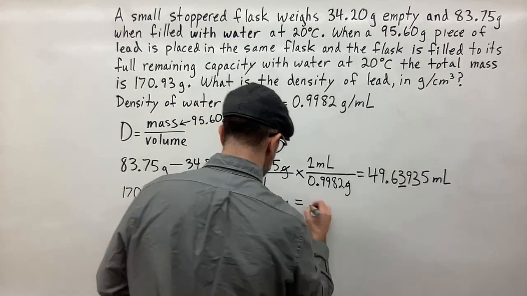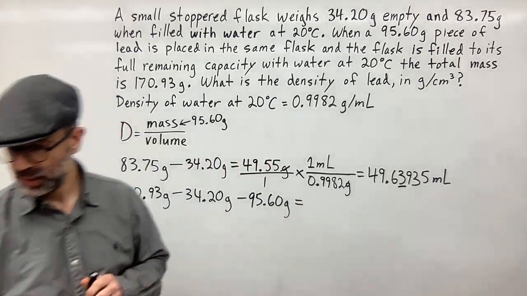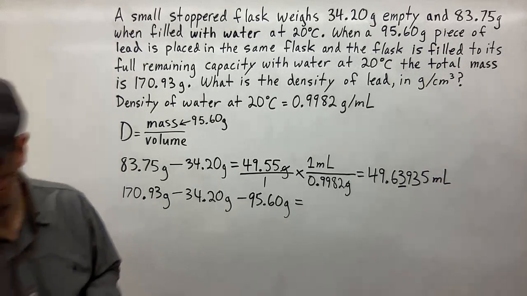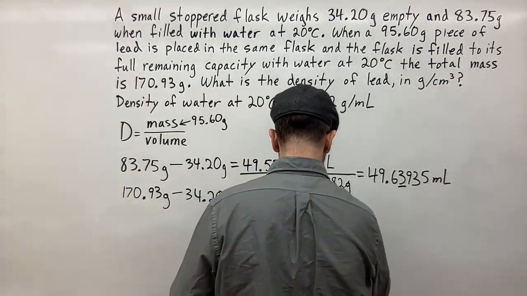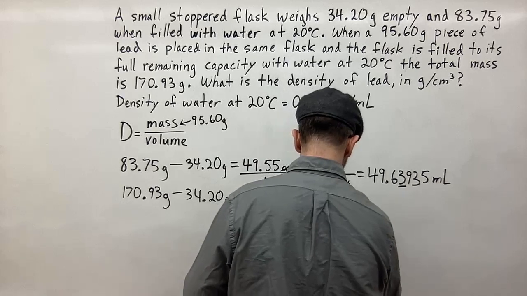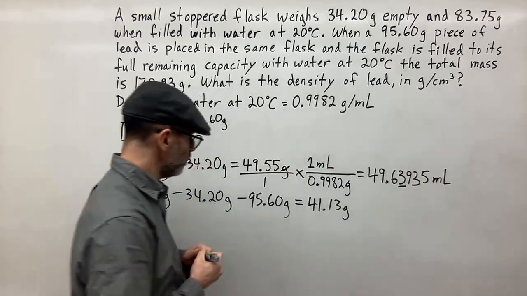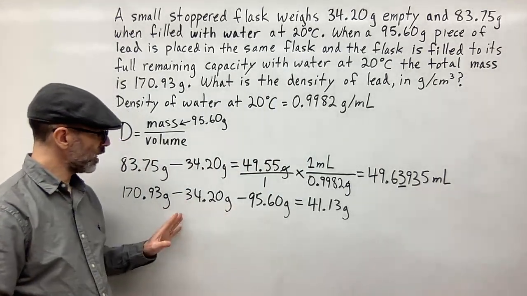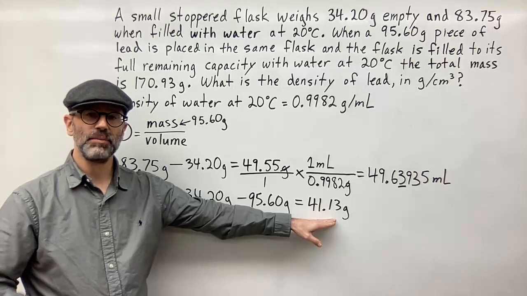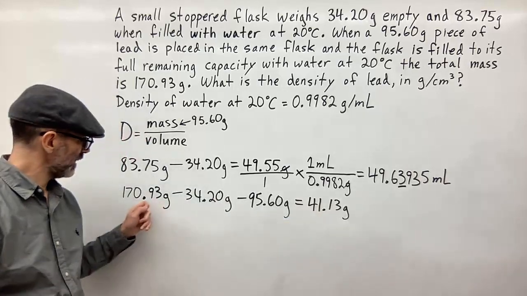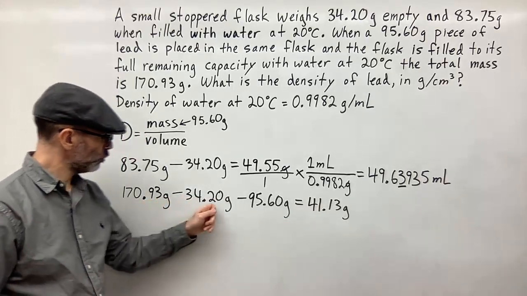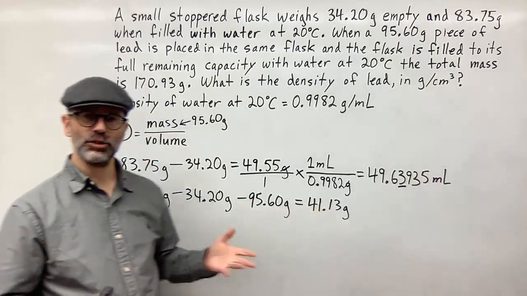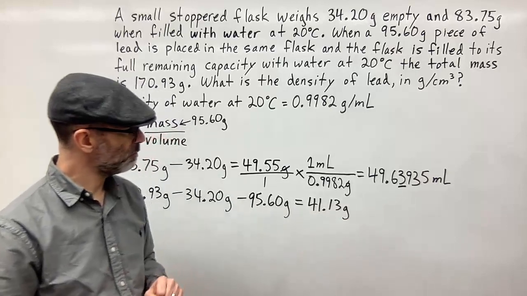And when I subtract those two out, I get 41.13 grams of water. And again, because I'm subtracting here, my answer should have the same number of decimal places as the least number of decimal places. But you'll notice they all have 2 decimal places. So I should have 2 decimal places, and I do. So this is good. We'll keep that number.